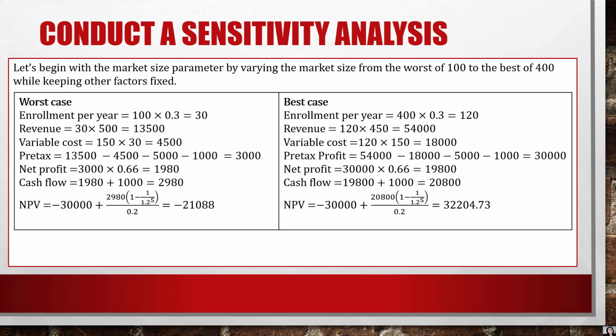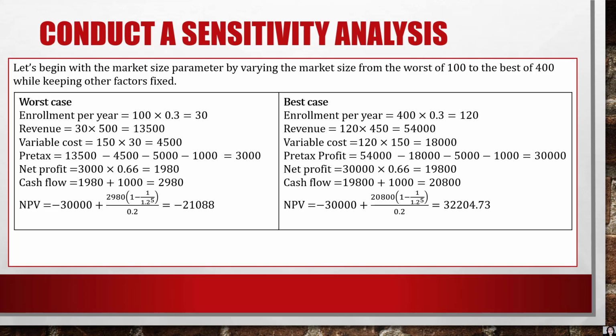Now the net profit: we take the pre-tax times 0.66. Here 0.66 comes from 1 minus 0.34, because the tax rate is 0.34, and we get a net profit of 1,980. For the cash flow, we have to add back depreciation, so we get 2,980. And the NPV here is negative 21,088, because 0.2 is the cost of capital, and we consider a 5-year time frame.